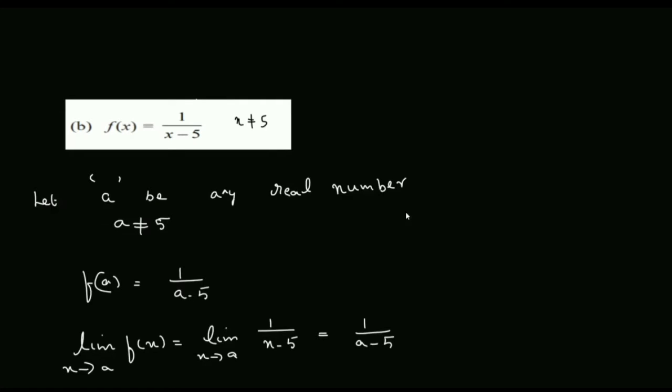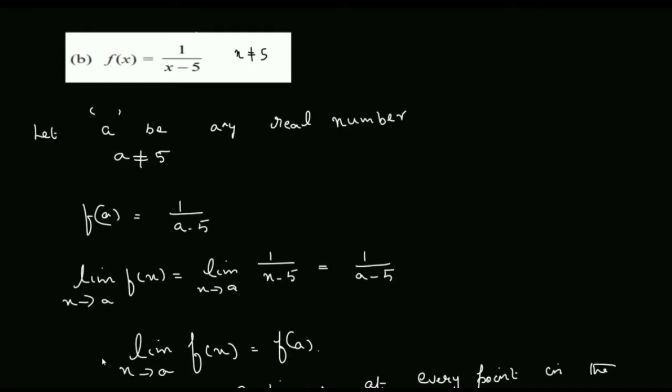It's some other real number. So f of a, the functional value, is 1 by a minus 5. So the limit value is limit x tends to a of 1 by x minus 5, which is 1 by a minus 5. Remember, a is not equal to 5. So the limit value is equal to the functional value.